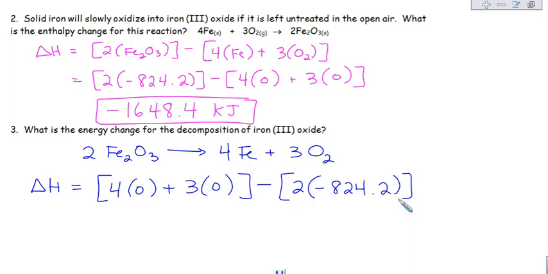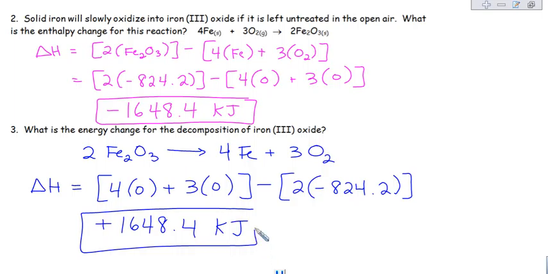Well, look at this. I'd end up with like 0 minus negative. It's the same numerical value. It's just positive. Well, look at that. Something to make note of.